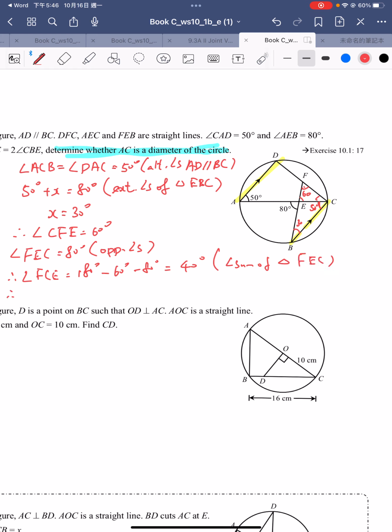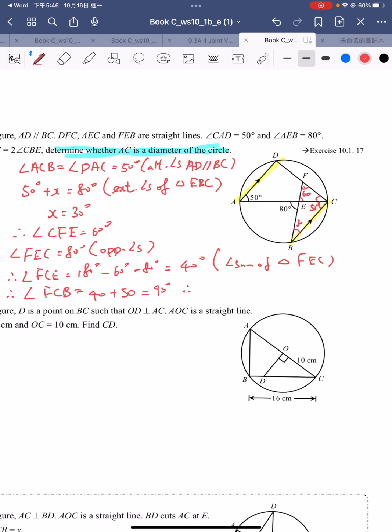So that's the angle FCB. FCB is equal to FCE plus ECB, isn't it? So using 40 plus 50 will give you 90 degrees.